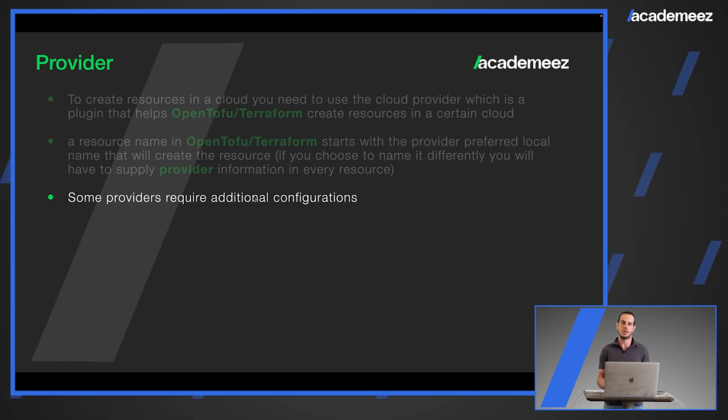We are also going to use the Flux provider in this lesson. When we configure that provider, we'll see that we actually have to give it additional configuration. The Flux provider will get configuration about the cluster in which we want to install Flux, and also about the repository that we're going to use. Some providers need that configuration, while for others it's optional.